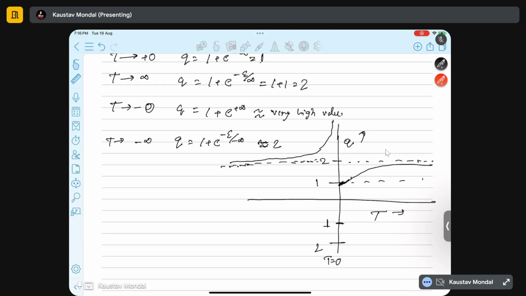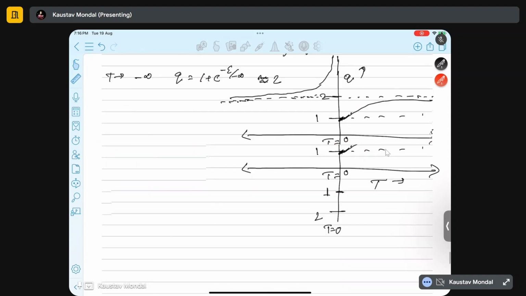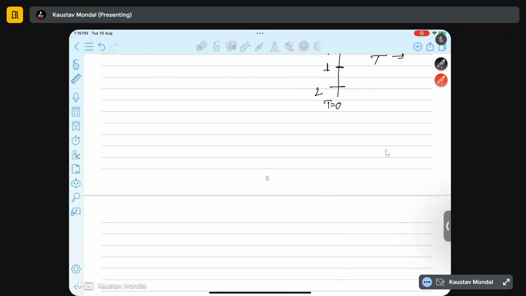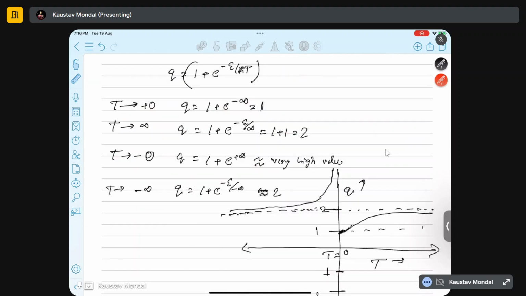This is how it will behave at T equal to 0 and T equal to infinity. This is the behavior of the partition function for extreme temperatures.